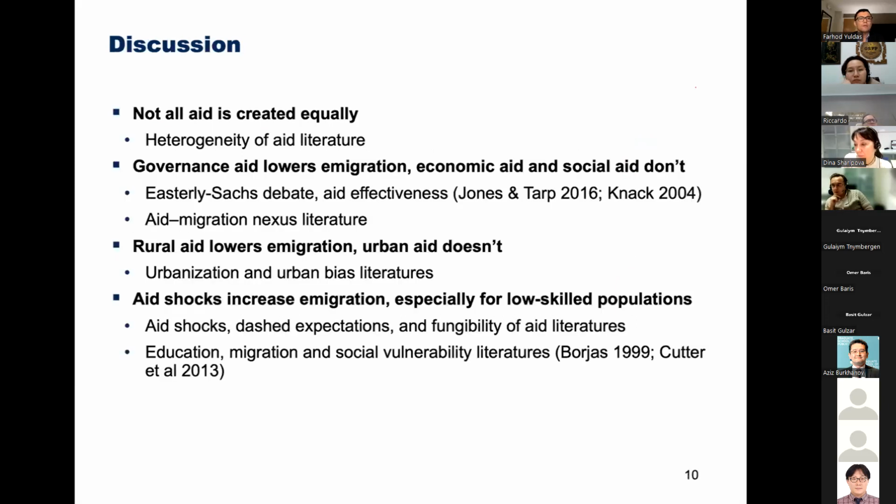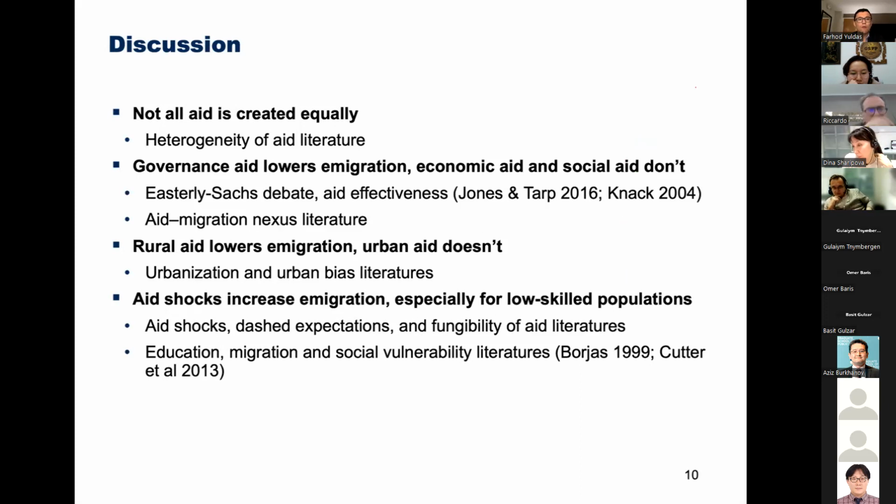So how do we make sense of these results within the broader literature? First, we base our study, as we discussed briefly earlier, on the idea that not all aid is created equal, right? Because different aid projects are different, they could have different outcomes on migration or other outcomes of interest to researchers.